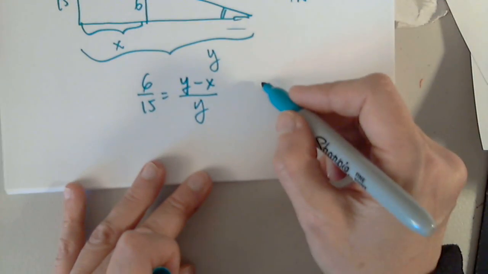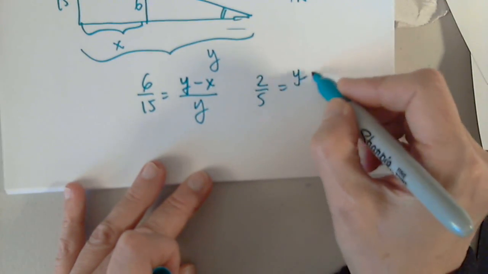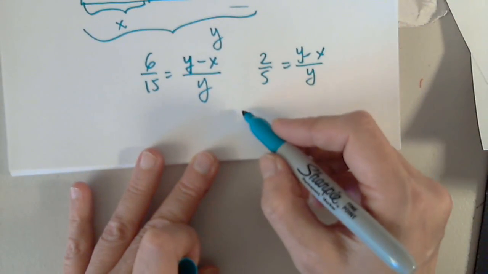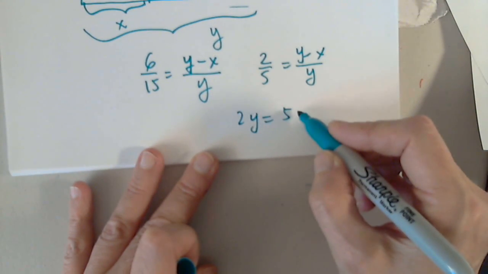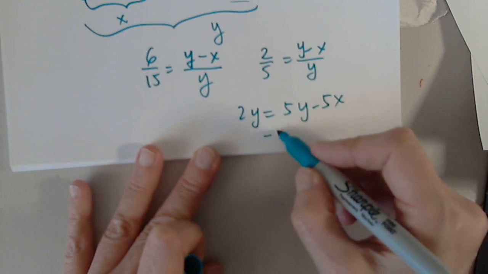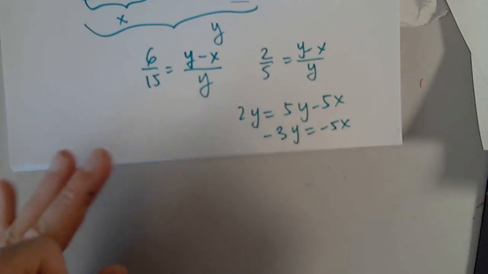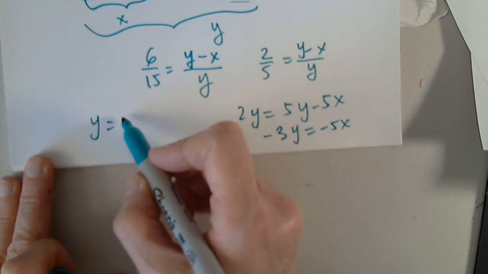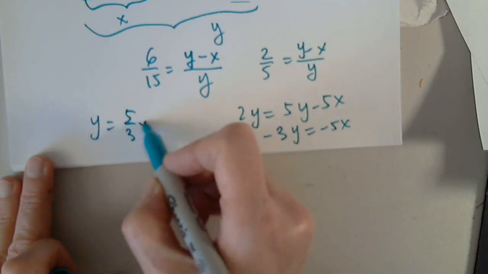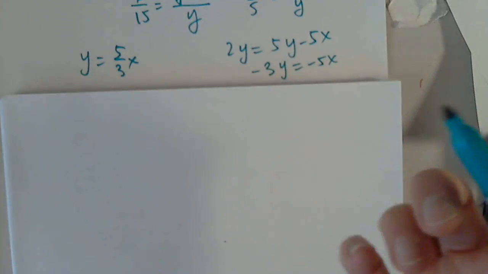So I simplify by 3, and I get 2/5. And this is y minus x over y. I cross multiply. 2y equals 5y minus 5x, or negative 3y equals negative 5x. So y equals 5/3 x, and I'm done. Both are functions of time, and this is nothing.